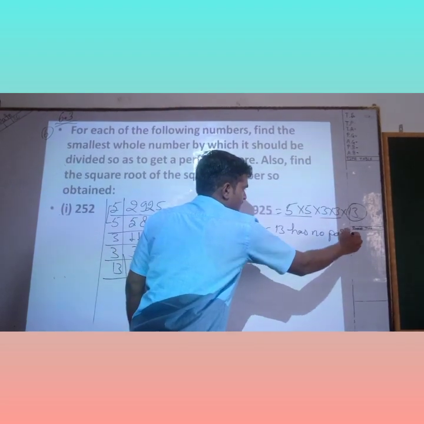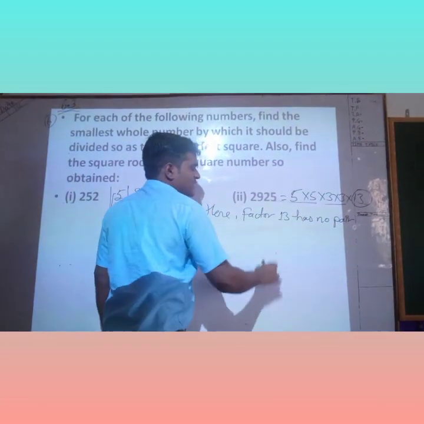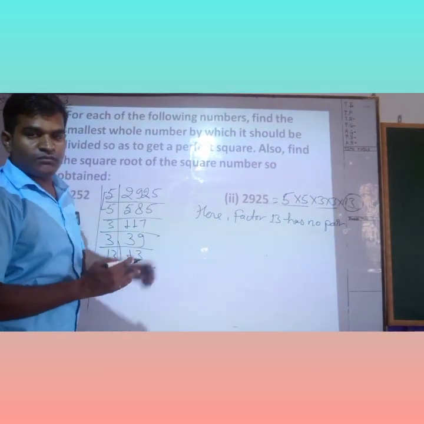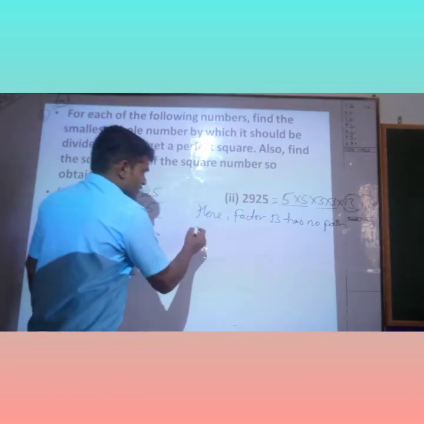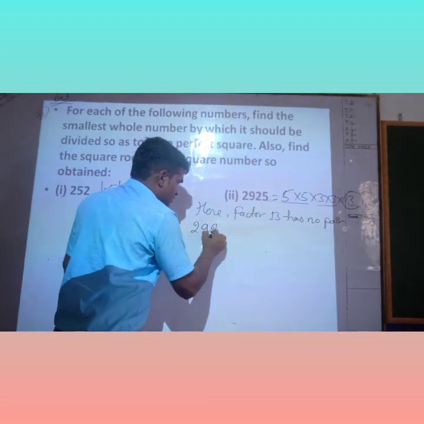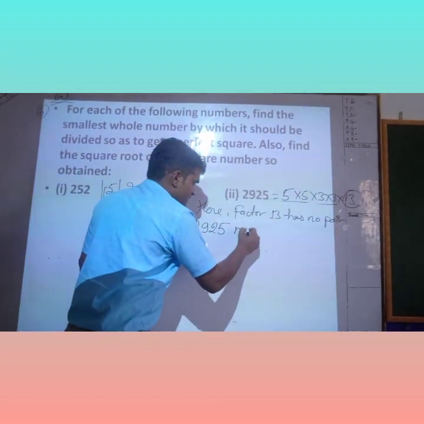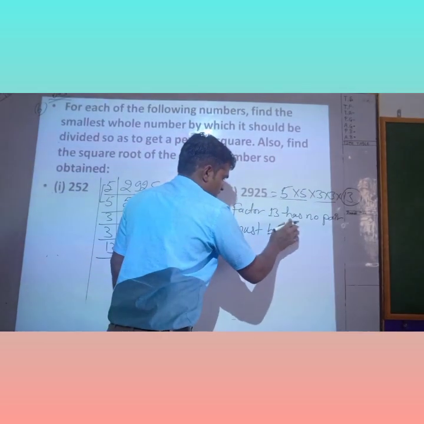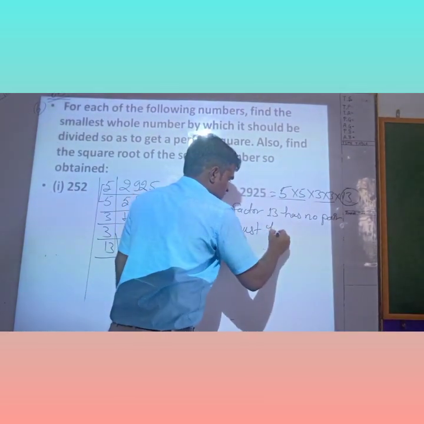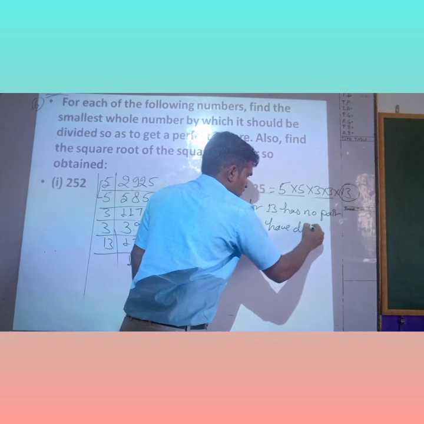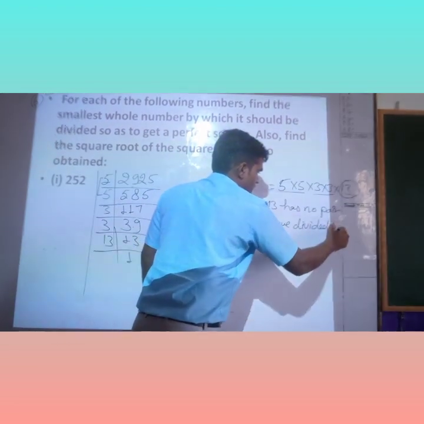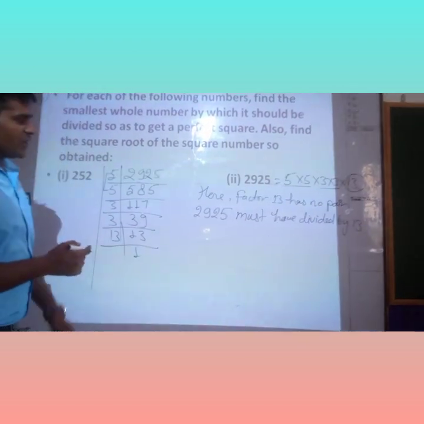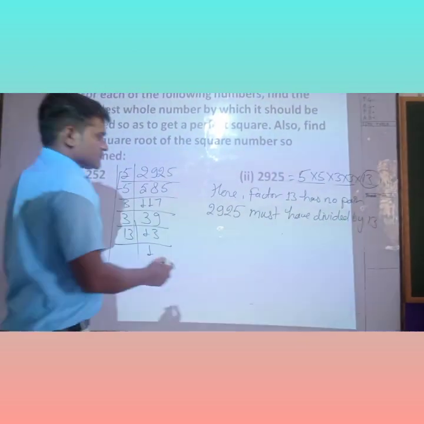If factor 13 has no pair, it means 2925 must be divided by 13.